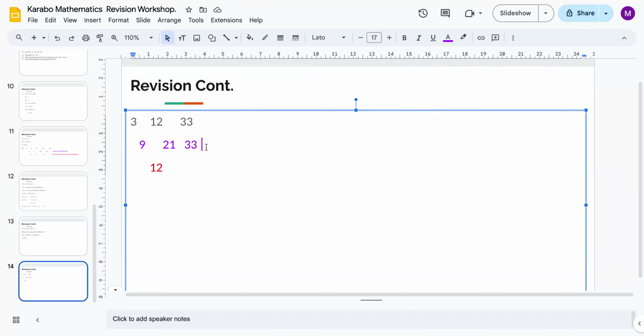So to get the next term after 33 as well, I'll add 12 again, and that should give me 45. And again, from 45 to get the next one, I add 12 again, and that will give me 57. We'll stop there for now. And then we can fill out our constant differences over here. So we know it'll always be 12 between these numbers. Let me make these bigger.